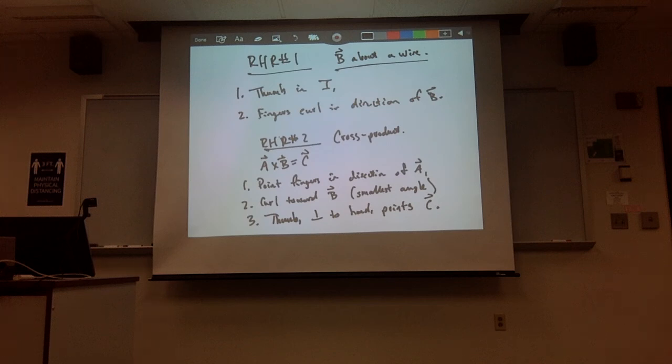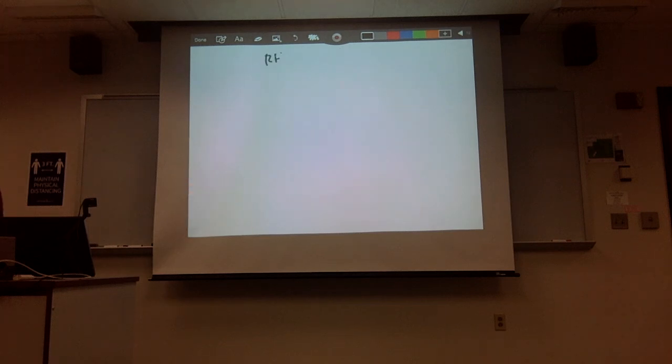Right-hand rule number 3. This has to do with magnetic moments and areas. So here, step number 1, curl fingers in the direction of I around the loop.